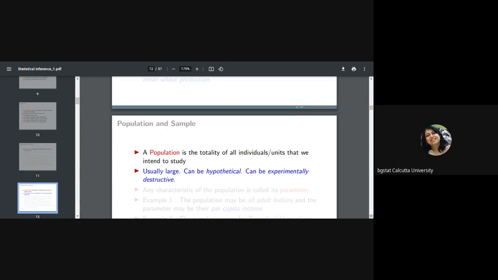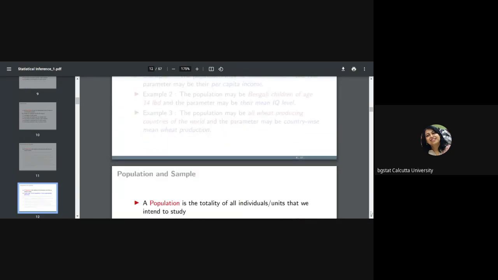It can be actual, and from biological experiments or maybe physical experiments, you know that to measure certain things, so lifetime, for example, the lifetime of a bulb, it might be an experiment which is destructive, which might require you to destroy the sample unit in order to get the measurement.